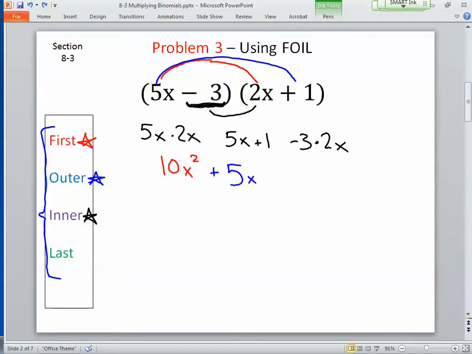And that's going to give me a negative 6x. And my last step is to multiply the last two terms, or the last term in each parentheses. That would be this negative 3 again, times my positive 1. So I have a negative 3 times a positive 1, and that's going to give me a negative 3.